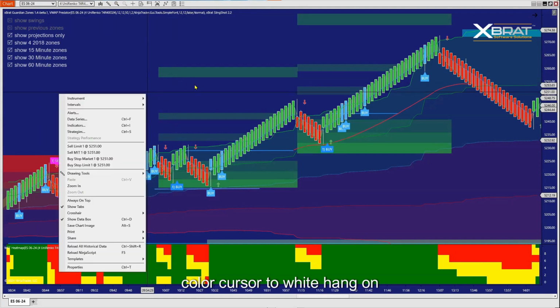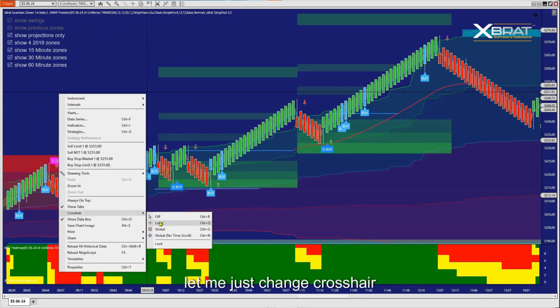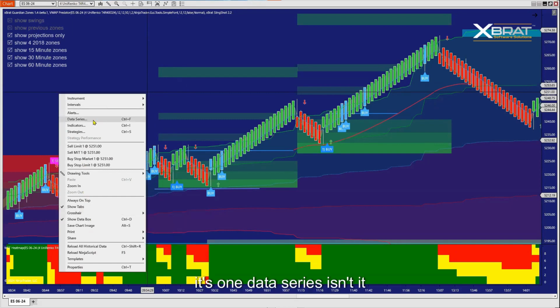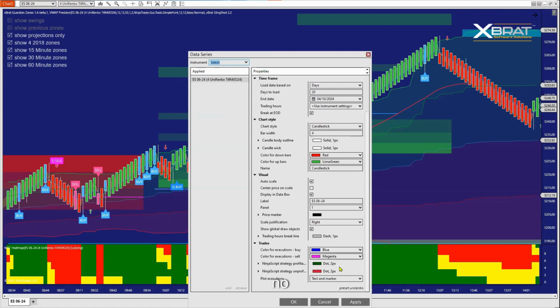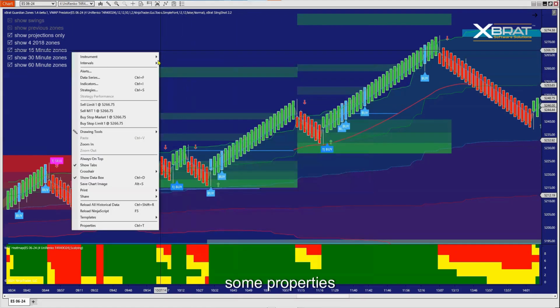Color cursor to the white. Hang on. Let me just change crosshair. Oh, it's on data series, isn't it? No, it's on properties.